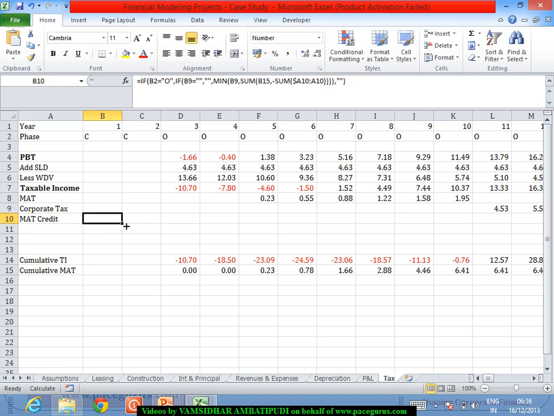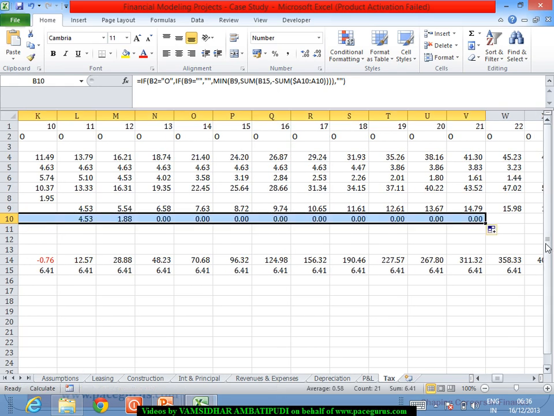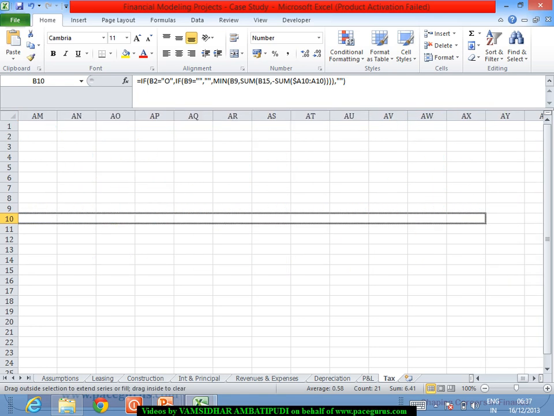The MAT credit in the initial years, yes, all these numbers are coming out to be zeros. Very good. I think we are on track. So how did we write this formula typically?